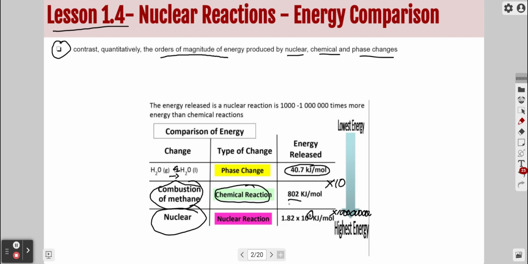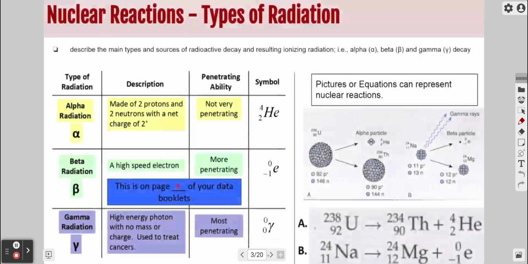So let's say a million times more energy when we're talking about nuclear reactions than chemical reactions. So really high amounts of energy is the idea you should be getting. This is why we want to use nuclear reactions and why we're interested in them: they release so much energy, and we want to capture that and make our electricity with it.